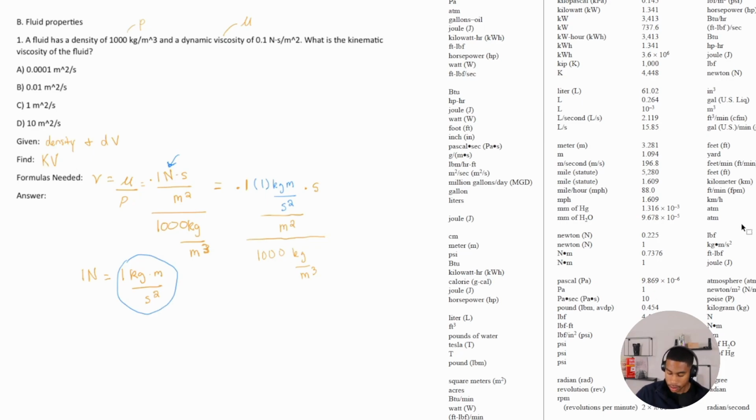All right, so our units are going to simplify to equal 0.0001 meters squared over seconds. So our kilograms will cancel.